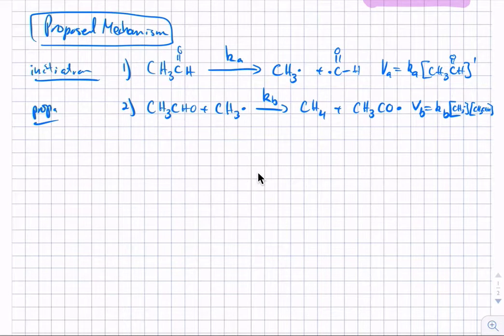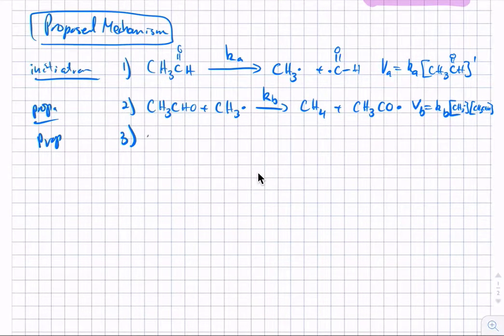And let's have one more propagation step in this reaction. We're going to take the remaining radical from that previous reaction, the part of the aldehyde, CH3CO dot, and that's going to undergo just a basic unimolecular decay. We'll call this rate constant Kc.